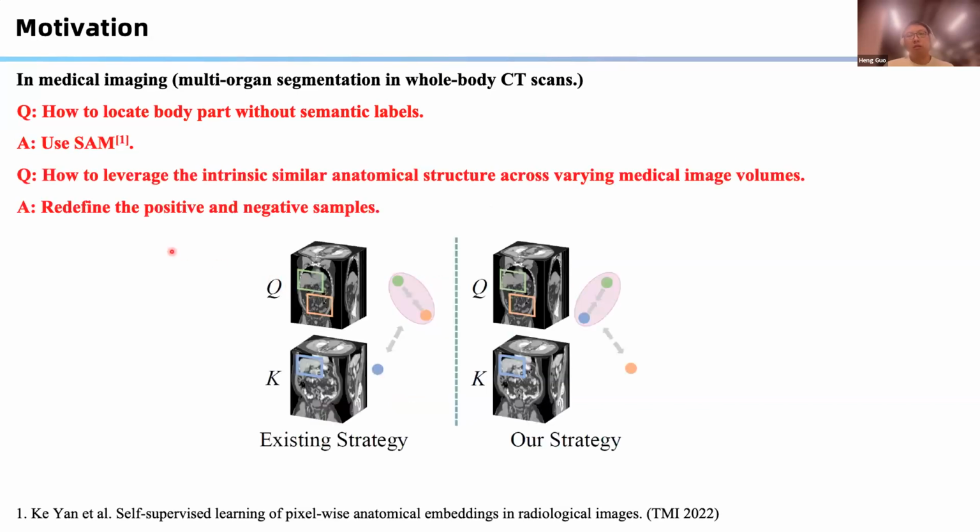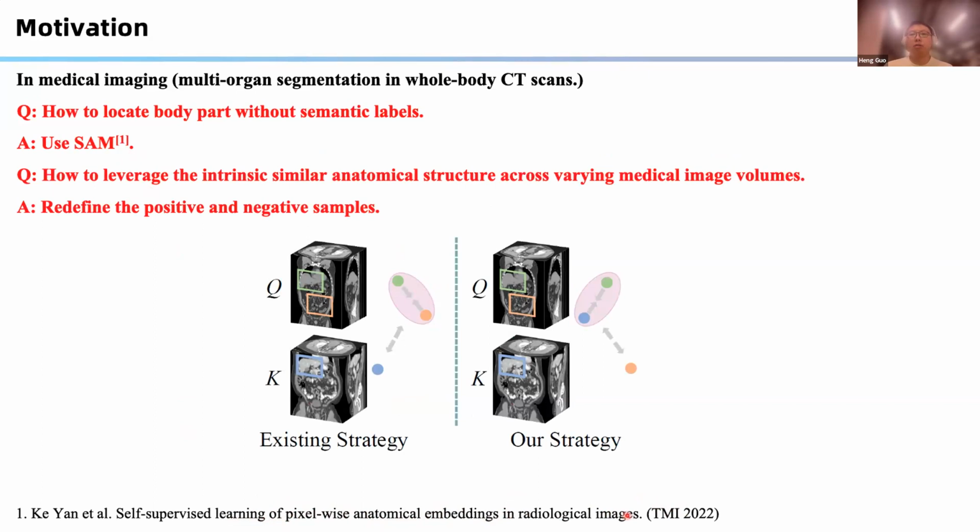Our answer is to use SAM, which is not the Segment Anything Model that attracted a lot of attention this year. It's proposed by my colleague, Dr. Yan, in TMI 2022, titled Self-Supervised Learning of Pixel-Wise Anatomic Embeddings in Radiological Images.